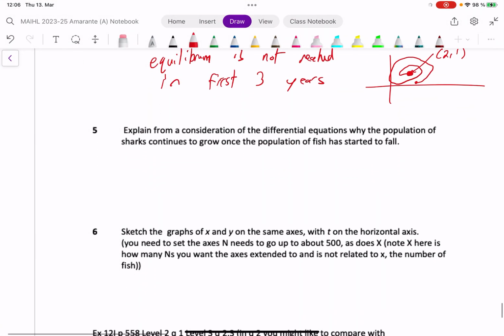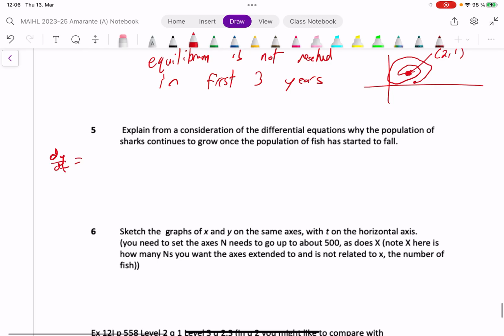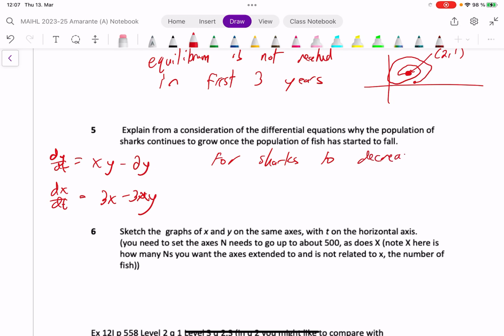And so if we look at our equations, dy/dt was xy minus 2y, and dx/dt is 3x minus 3xy. So for sharks to decrease in population, then dy/dt needs to be less than 0, right?